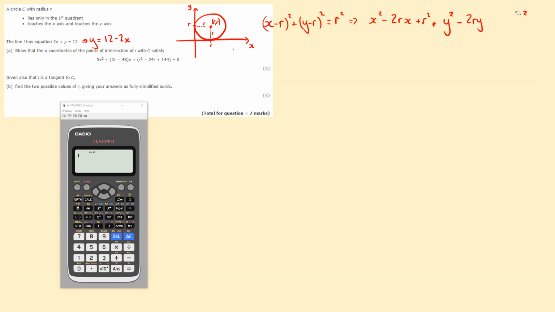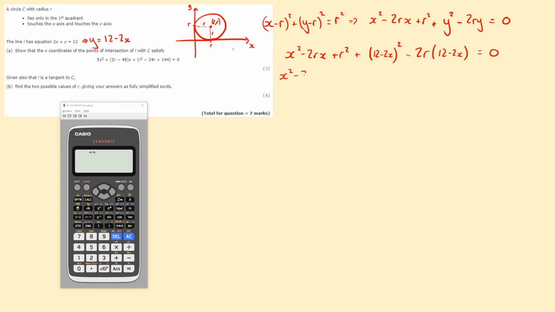I'm going to stick y into here now. So I'm going to get x squared minus 2rx plus r squared plus y squared, where y is 12 minus 2x, so that's minus 2r times 12 minus 2x. I just need to expand that and simplify up.